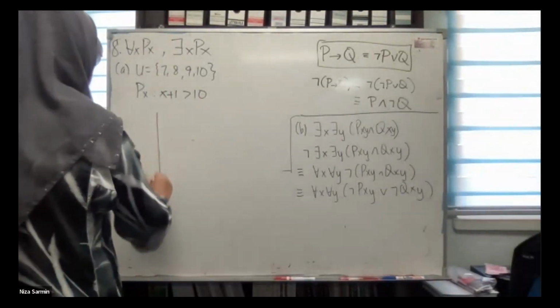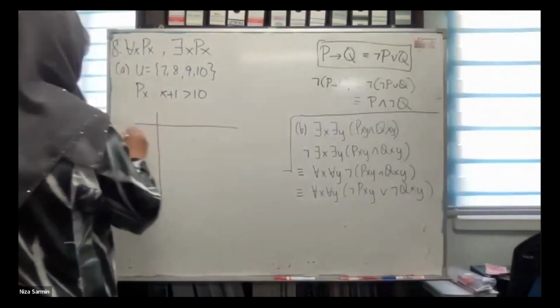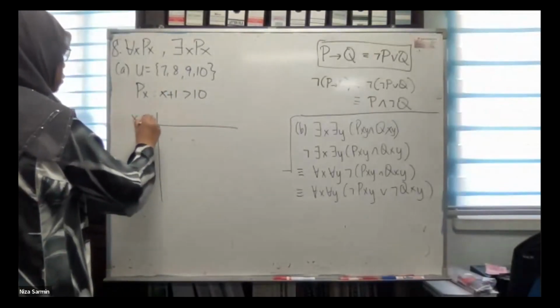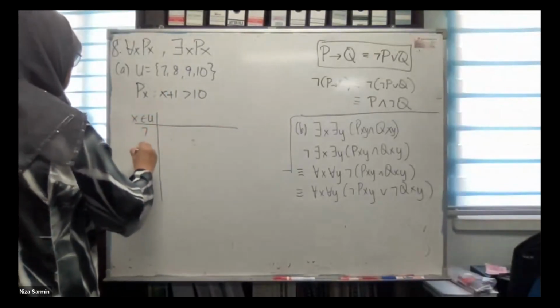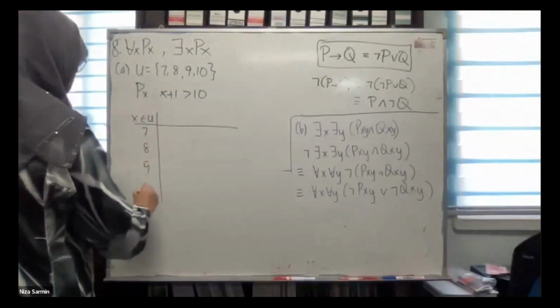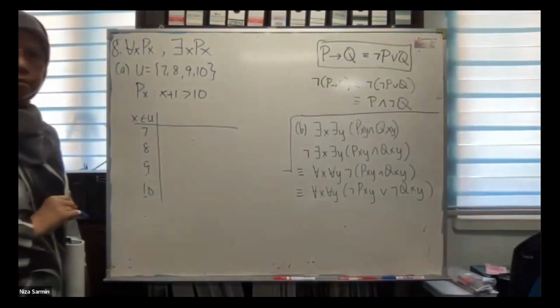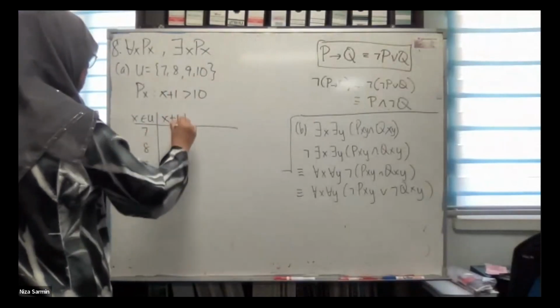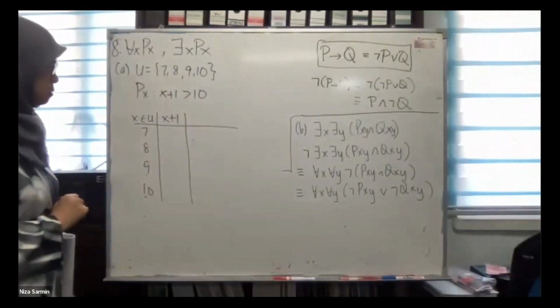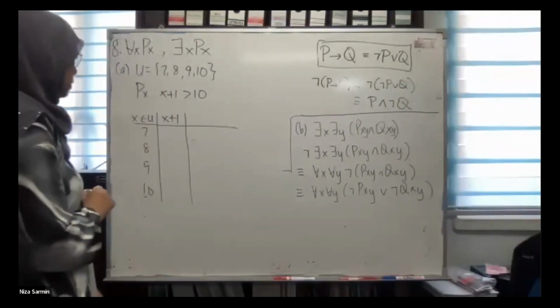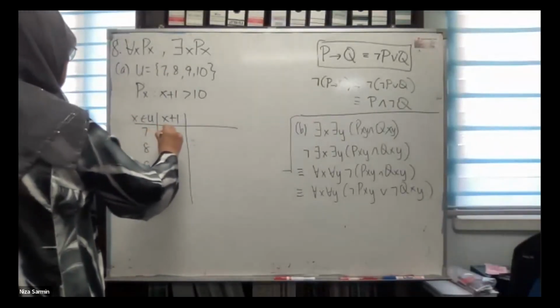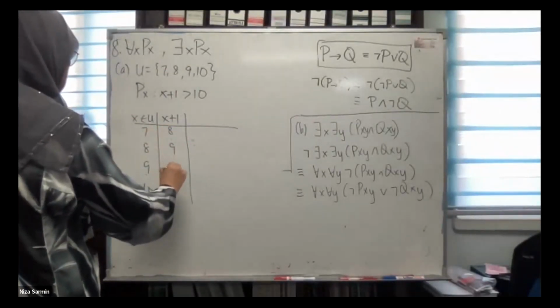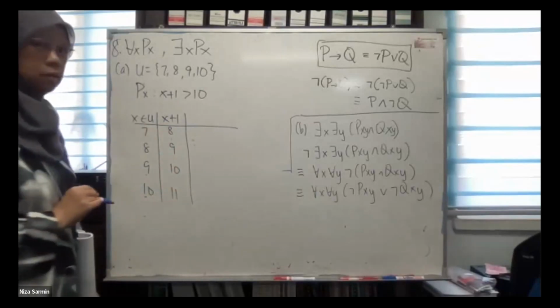So you put X in U: 7, 8, 9, 10. Okay, and X plus 1. What is X plus 1? 8, 9, 10, 11.